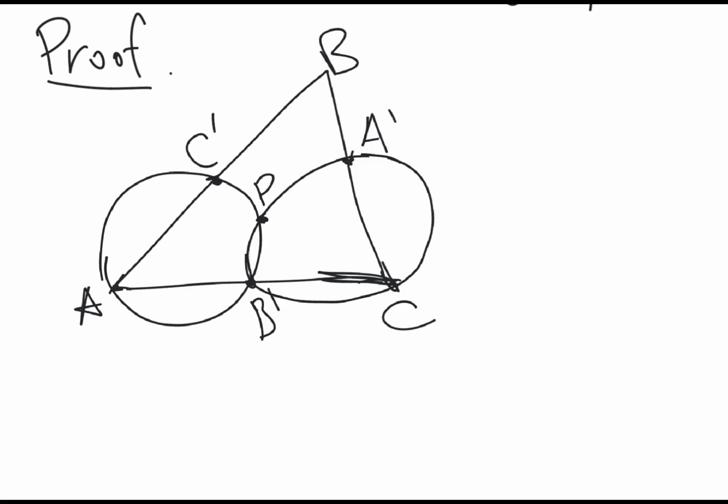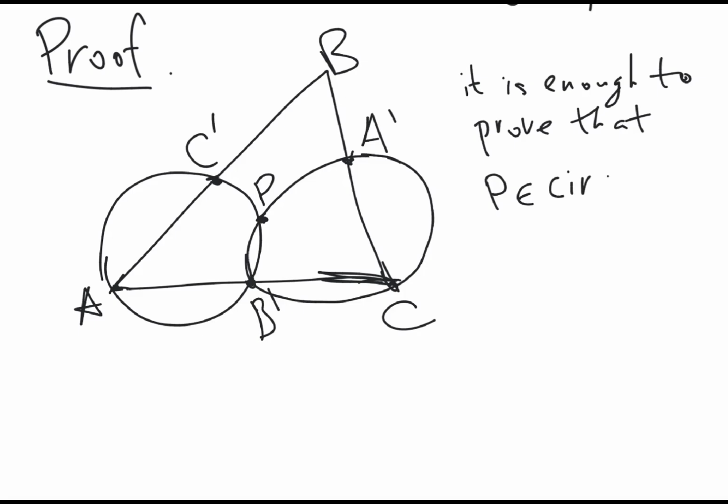So it is enough to prove that P belongs to the circumcircle of the triangle B A prime C prime, right?